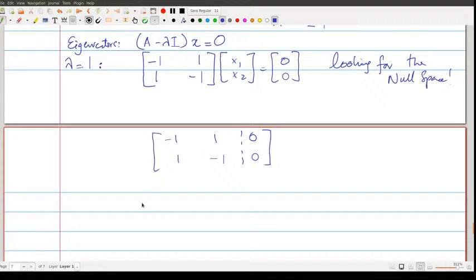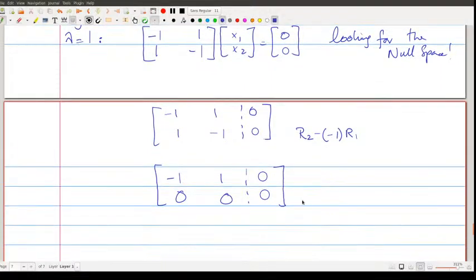Let's do elimination. We can simply do R2 plus R1, or rather R2 minus 1 times R1, so that will just add the two rows together. I have minus 1, 1, 0, 0, since 1 plus minus 1 was 0, and 1 plus 1 gave me 0. What does this tell me?